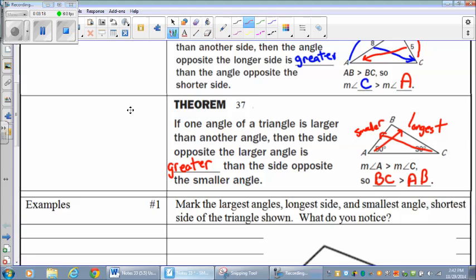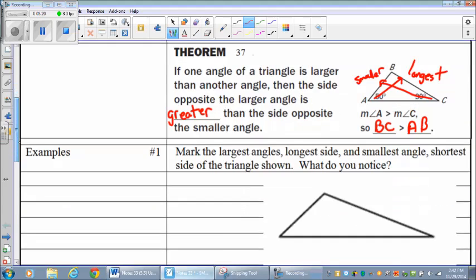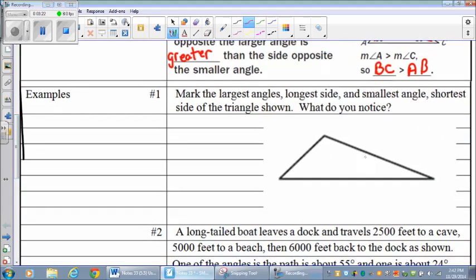All right. In Example 1, mark the longest angle, longest side, smallest angle, smallest side of the triangle. What do you notice? Okay. All right, so looking at this, this side appears to be the longest. And I'm going to put some letters on here.